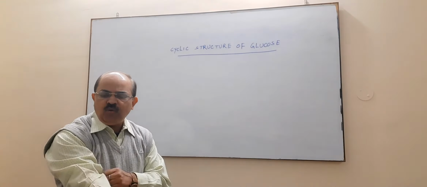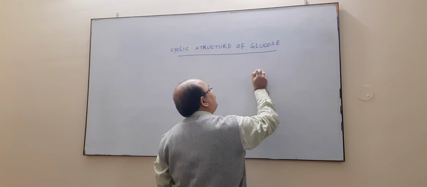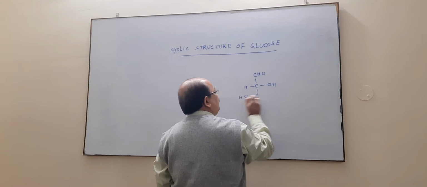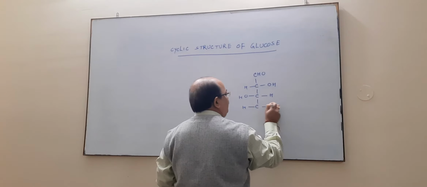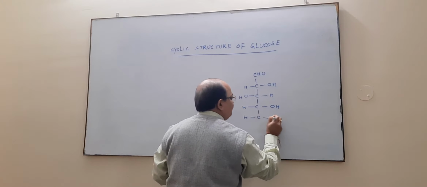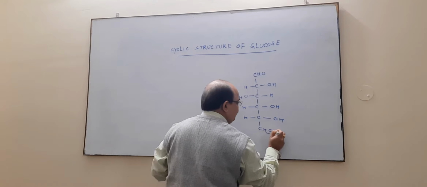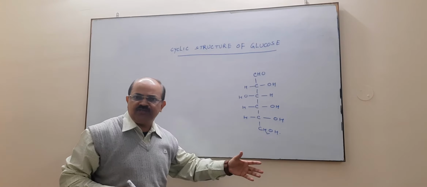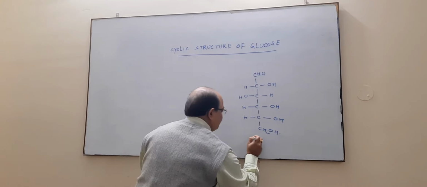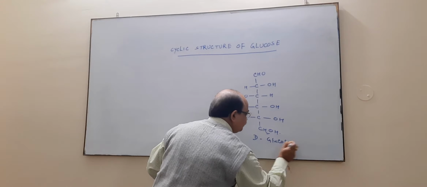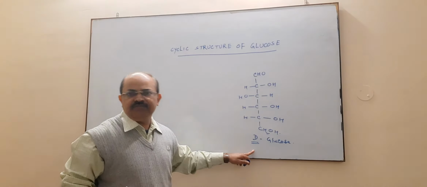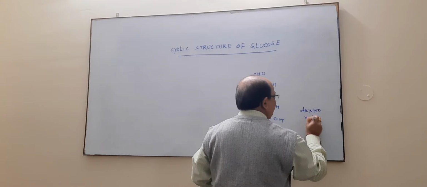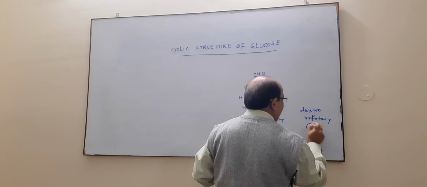Now, if we observe the open chain structure of glucose, this is glucose: CHO, CHOH, CHOH, CHOH, CHOH, and CH2OH. तो ये स्ट्रक्चर हम लोग प्रीवियस वीडियो लेक्चर में डिटेल देख चुके हैं that this is the structure of D-glucose. So D is the relative configuration of glucose and the glucose is dextrorotatory, that is the small d.